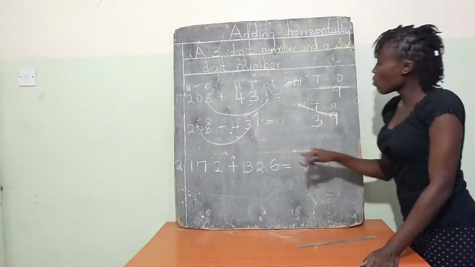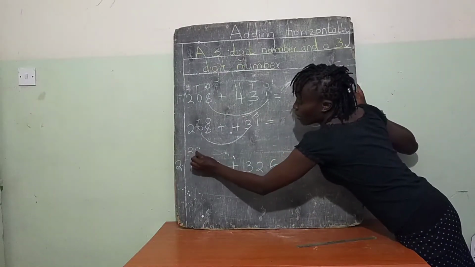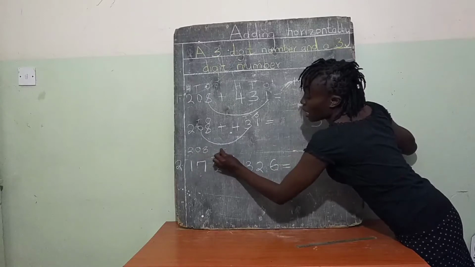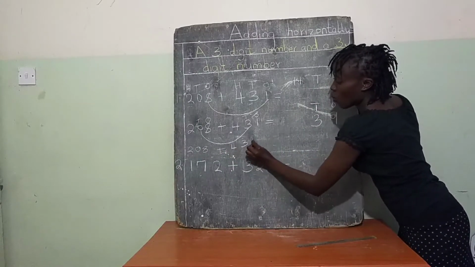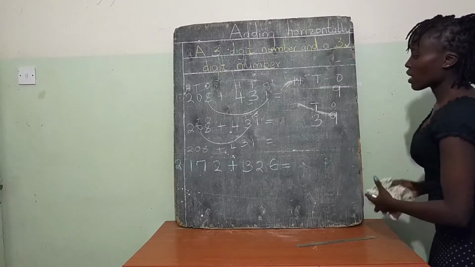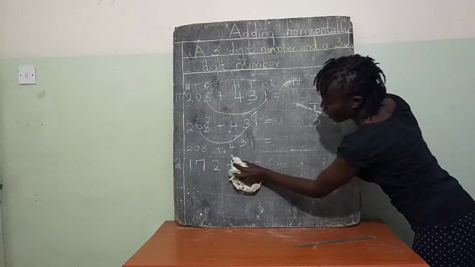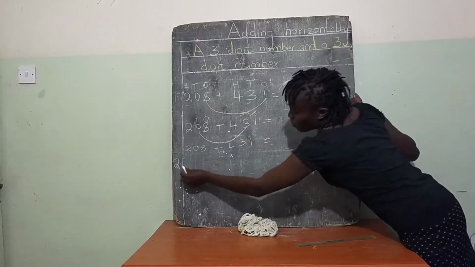Then we move on to the last step. 208 plus 431. We can rub our question here so that we can do the step.